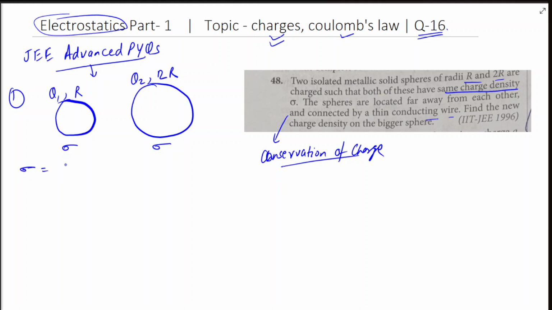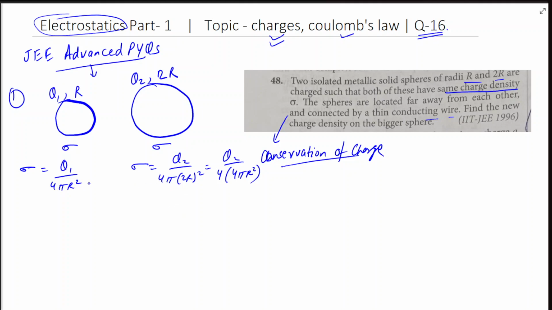Sigma will be Q1 upon 4 pi r square, since surface charge density is charge upon area. And for this, sigma will be Q2 upon 4 pi (2r) square.